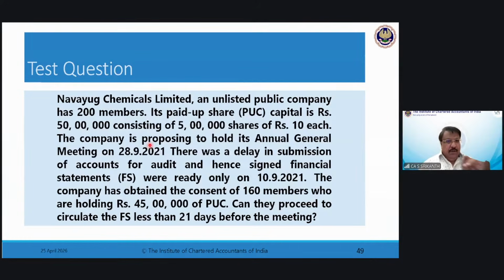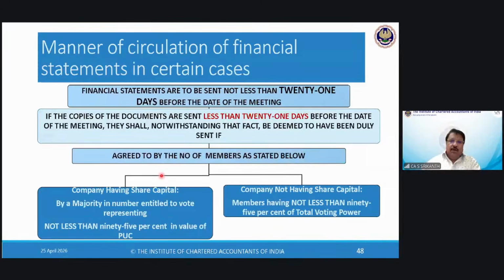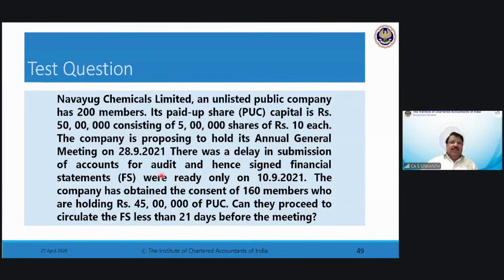It wishes to circulate its financial statement within a period of less than 21 days. That's all, because you don't have to bother with 28/9, 10/9 and all. So you have written the facts.